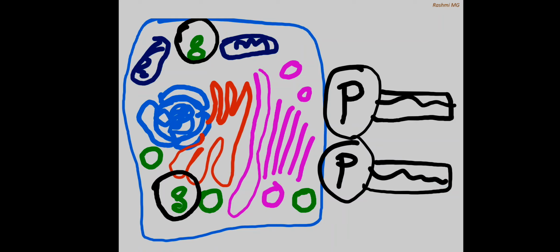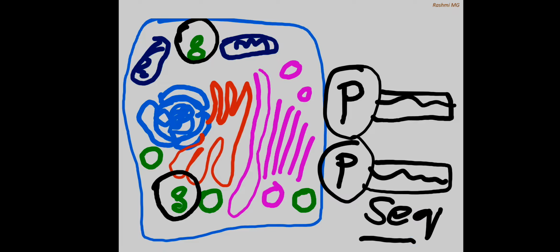That tail is having a sequence. I'll write SEQ, different sequence. That sequence will lead that protein to different types of destination inside the cell.